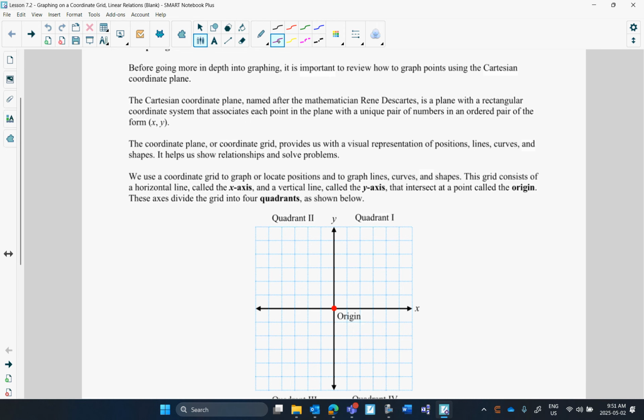That's the point we use whenever we want to graph lines or points or curves. And this origin has a value of 0, 0. What that means is we haven't moved anywhere on the x-axis, so 0 for x. We haven't moved anywhere on the y-axis, so 0 for y.